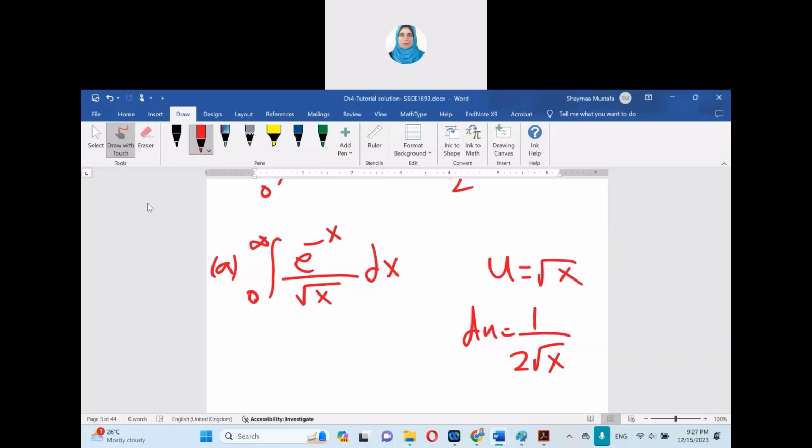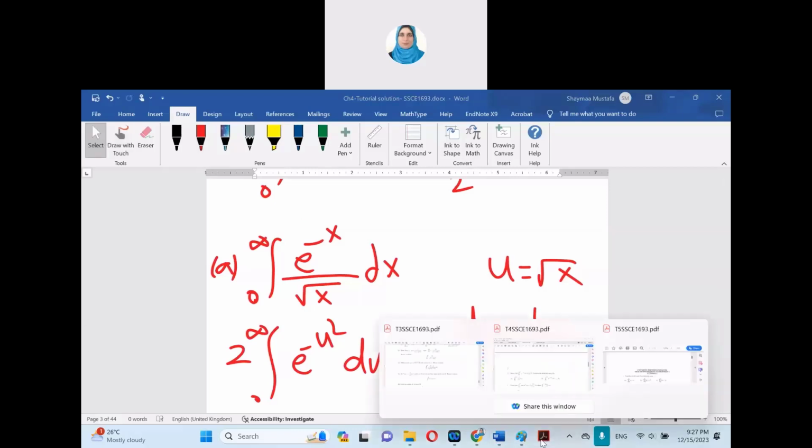So that's all. So you will have the integration 2 du e to the minus u squared. Then use the one it is given to you. Similar for part B.